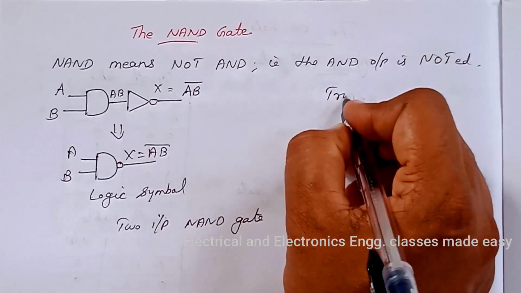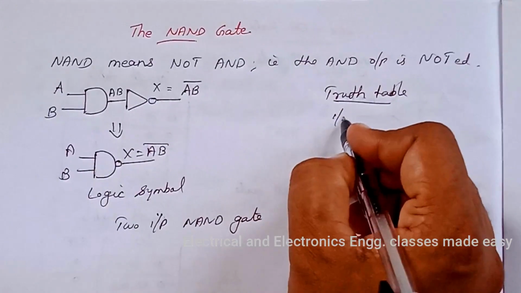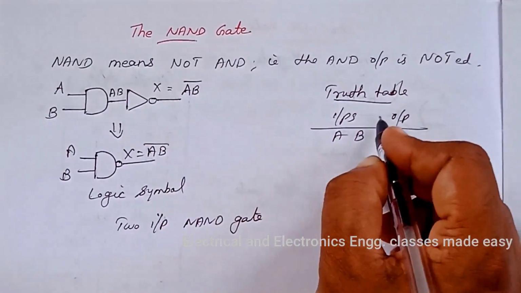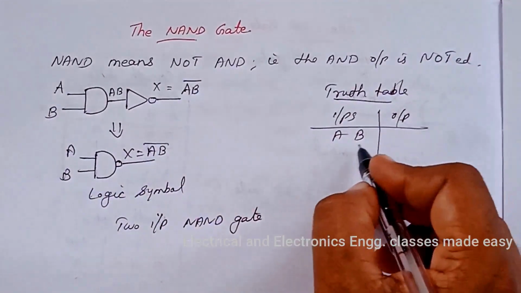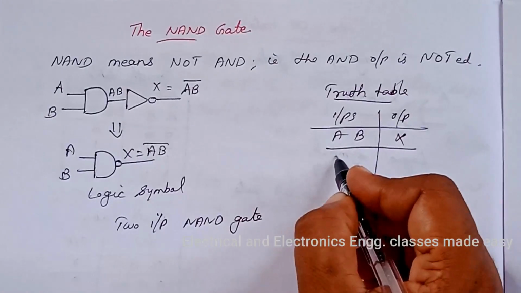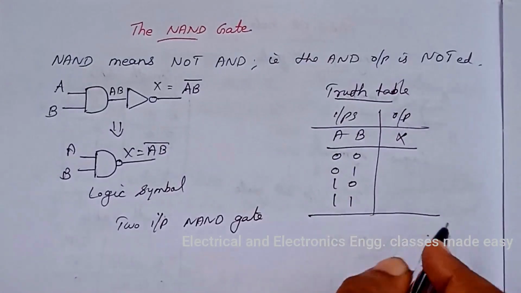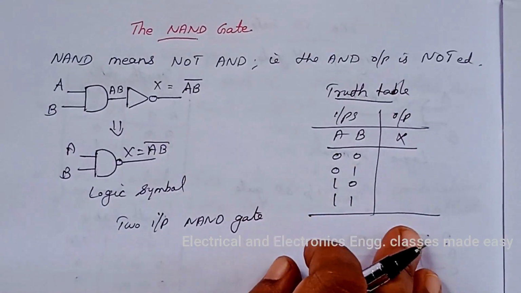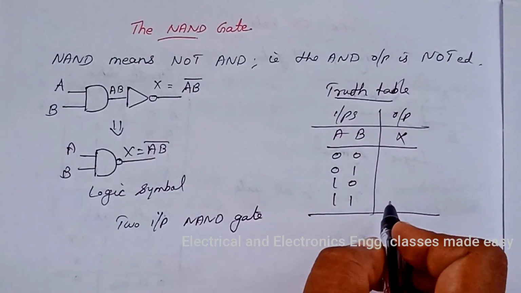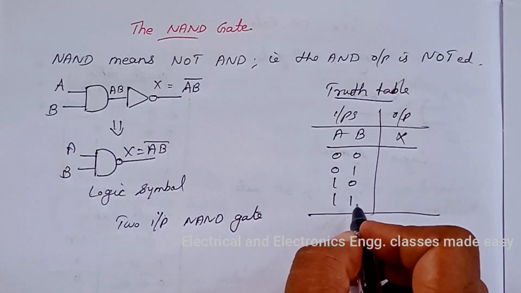And the truth table has inputs and output, with inputs A, B and output X. The combinations of inputs are 0 0, 0 1, 1 0, 1 1. And here the output is logic 0 only when each of the inputs assumes a logic 1 level.